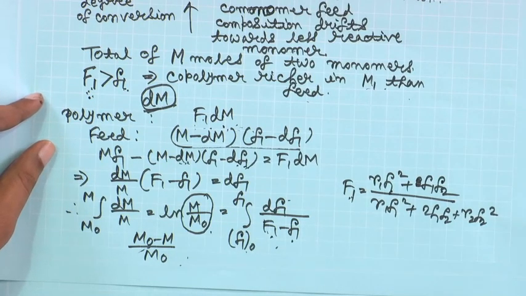So, that explains how we are now trying to understand in a deeper way how the copolymer composition changes. As you understand the logical way of that lecture, it goes from instantaneous copolymer composition, at very small conversion, to the question: if the conversion goes to higher and higher values, how does the copolymer composition change? It is not the same as your instantaneous copolymer composition, because the composition might drift also.